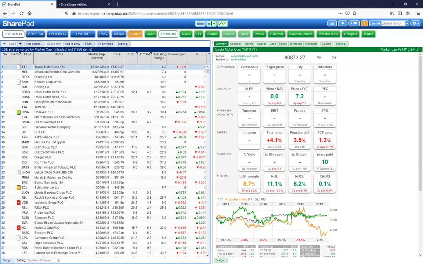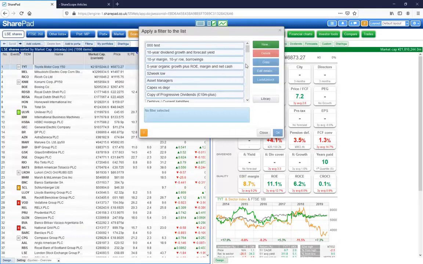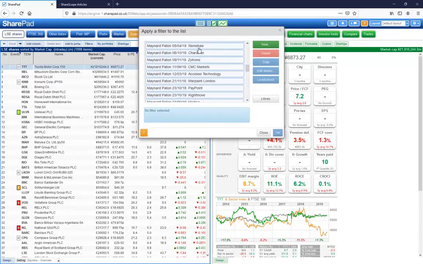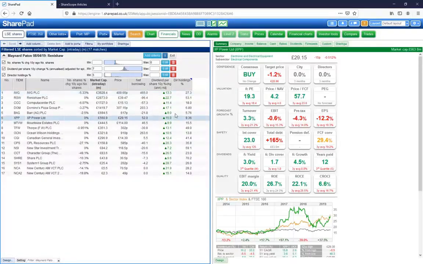C. Robert asks, do you find SharePad data good enough to make decisions from, or do you spend a lot of time in the annual reports too? SharePad is an idea generator, so you should always check the annual report, because there are always little notes in it which SharePad or any other system just won't pick up. You've got 2,000 shares on the LSE, and I use this filter to shortlist them down, and then I can find out where to look.